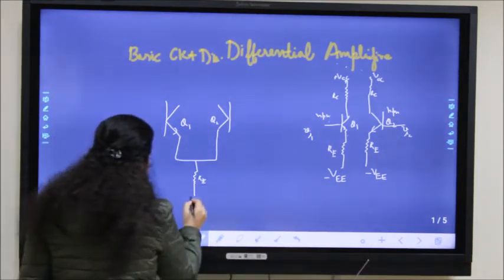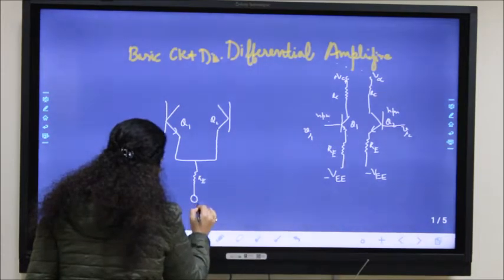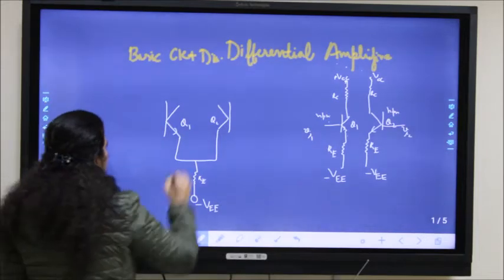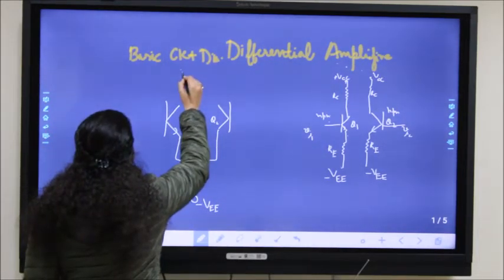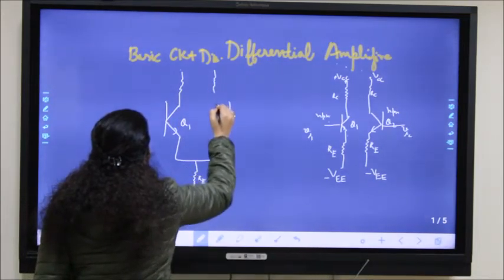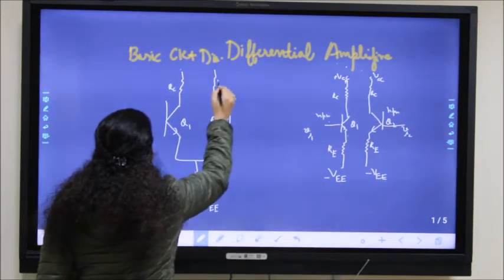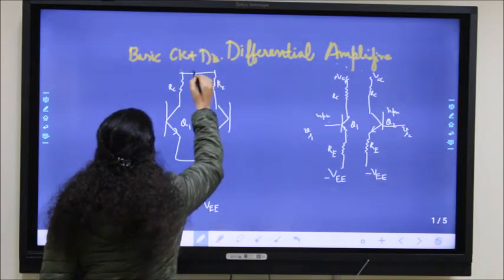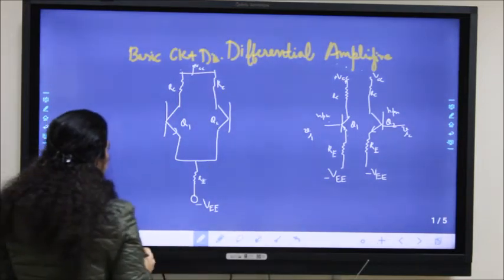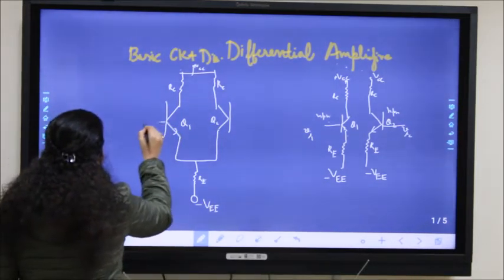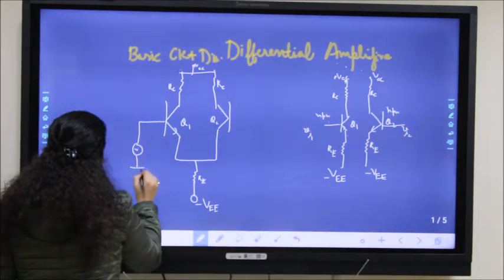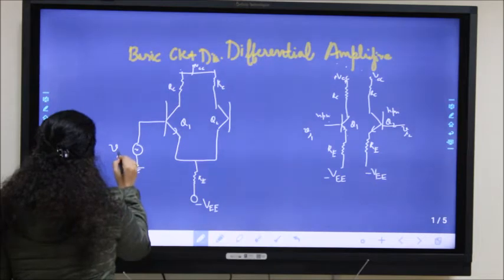RE is a common resistance, and minus VEE is the DC voltage. This is your RC resistance and this is your plus VCC voltage. Now these are the inputs. Here you are applying the input, VI1, the input of this.